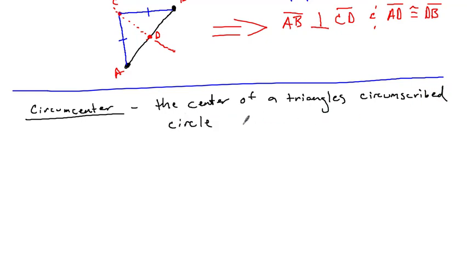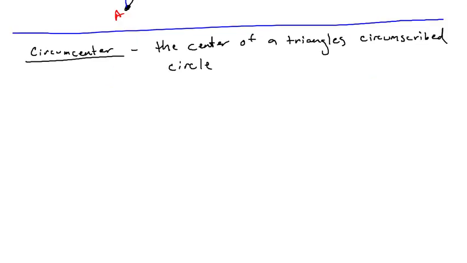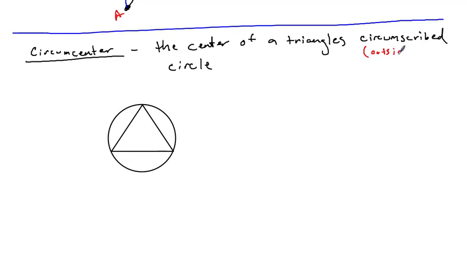And I'll draw a picture of what that means here to make it a little more clear. So this is what a circumscribed circle means. Circumscribed means outside. There's a lot of interesting stuff about this picture, but all we're going to worry about right now is vocabulary.